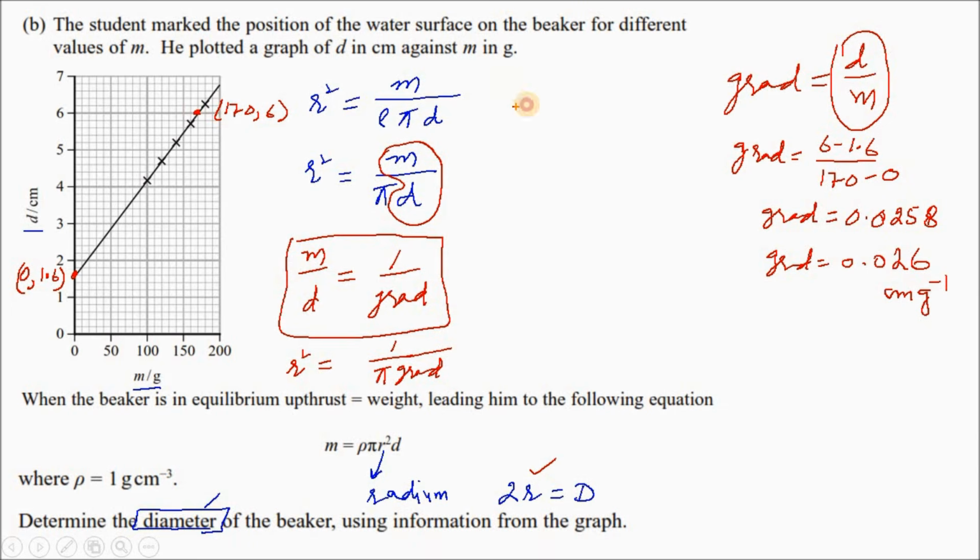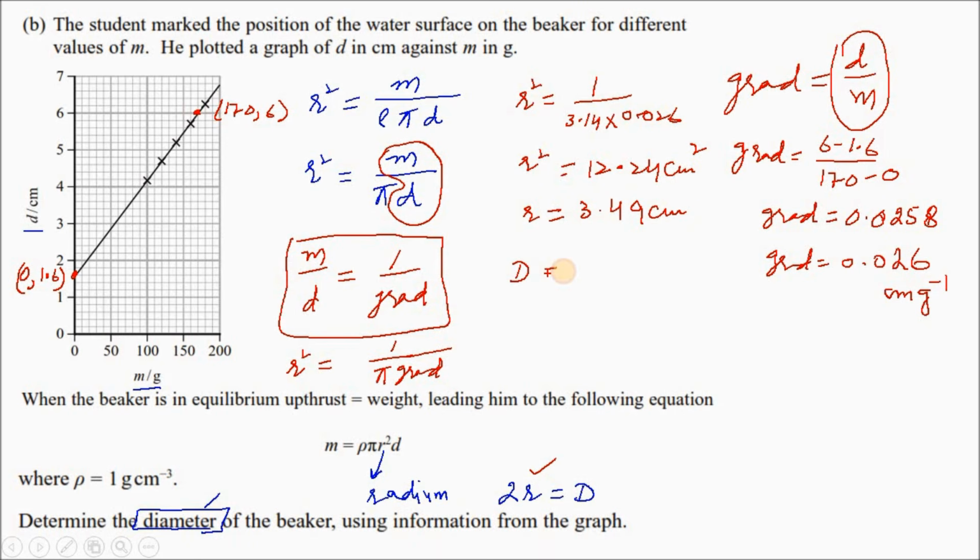And now r square would be equal to 1 upon pi. Pi is 3.14 times the gradient, and the gradient is 0.026. So r square is 12.24 centimeter square. Taking a square root, r is equal to 3.49 centimeter.